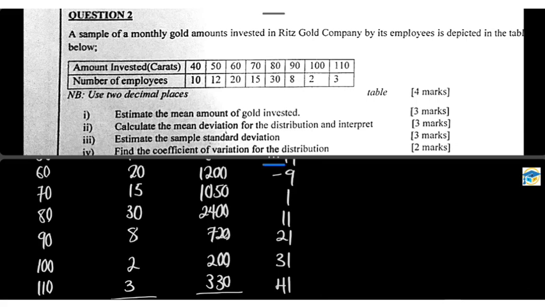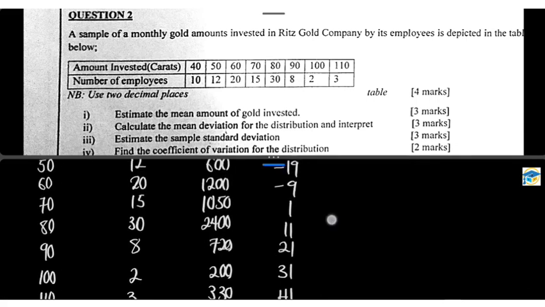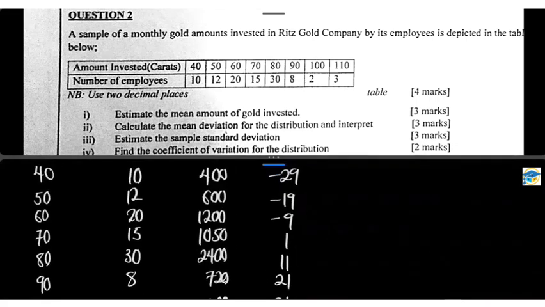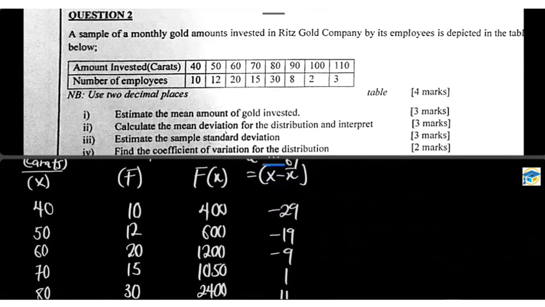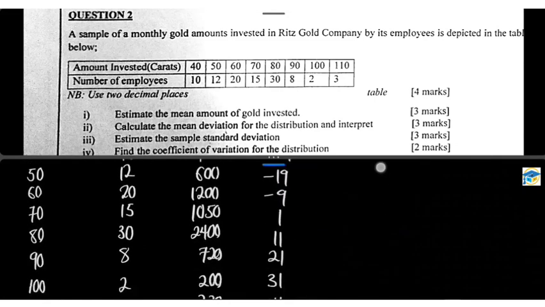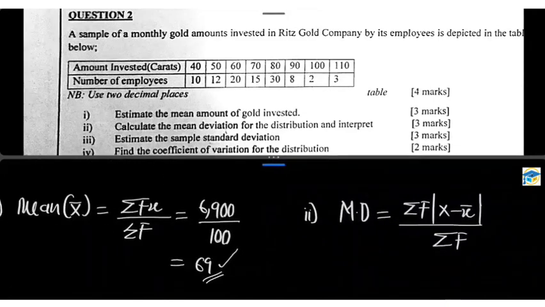But note, once you're getting your values for the deviation, we don't sum them up, right? You only sum them up where you find the absolute values of the deviation. That's why in our formula, you saw that for us to calculate the mean deviation, it is the absolute value of x minus x bar over the summation F, right?